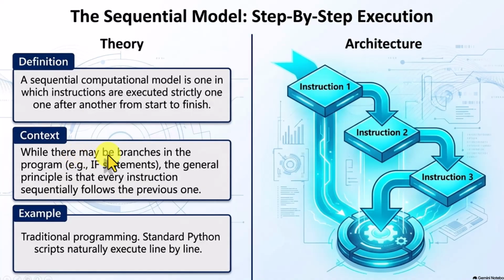While there may be branches in the program, for example, if-else statements, the general principle is that every instruction sequentially follows the previous one. So if this is true, do the other thing. The other thing will not happen before the if or whatever we have. Everything is sequential. Example, traditional programming, standard Python scripts naturally execute line by line. So everything is done there.